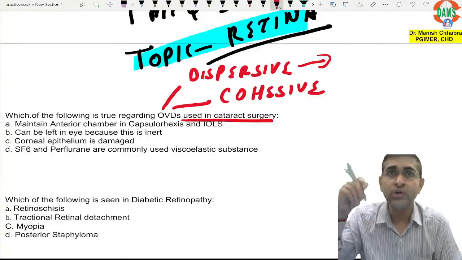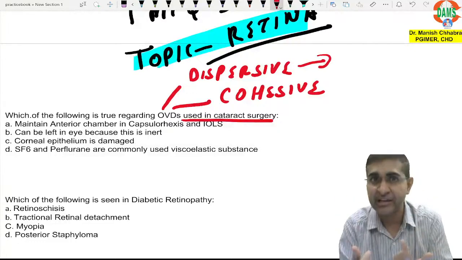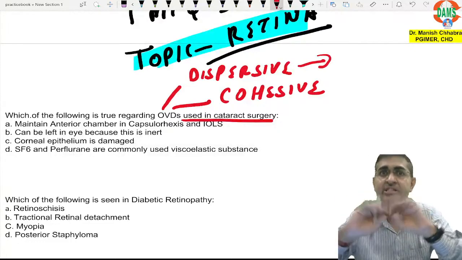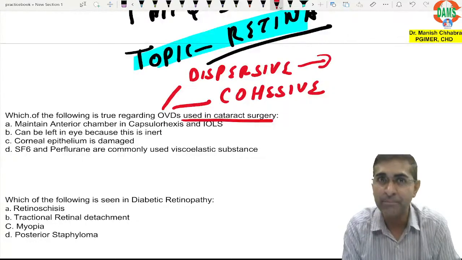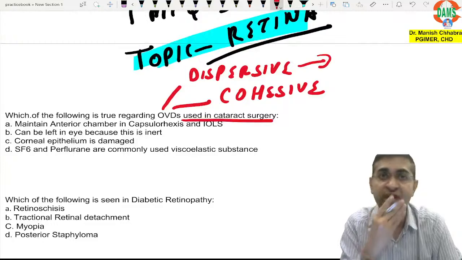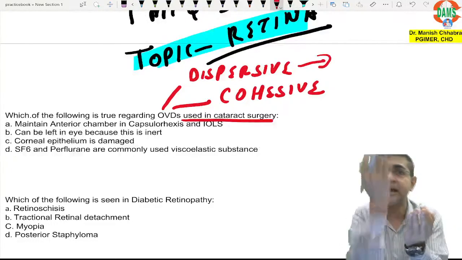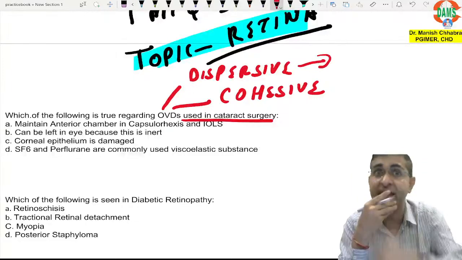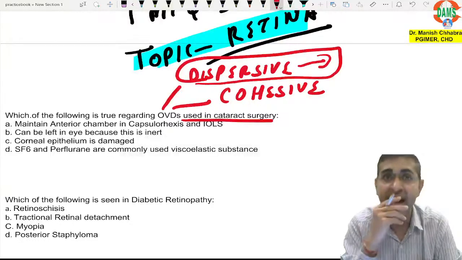Or you are doing phacoemulsification, so there will be chattering. Chattering is when there is flying of the lens particles in the anterior chamber while undergoing phacoemulsification. In that case, the particles may hit at the back of the cornea, damaging endothelium cells. So dispersive OVD helps in that.